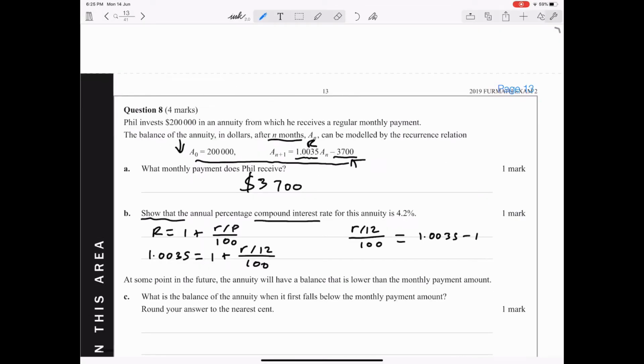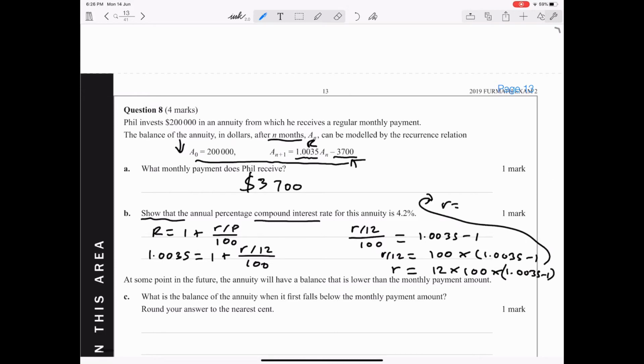And then r would equal 12 times 100 times (1.0035 minus 1). You put that on your calculator, and the value of r should get 4.2% per annum.